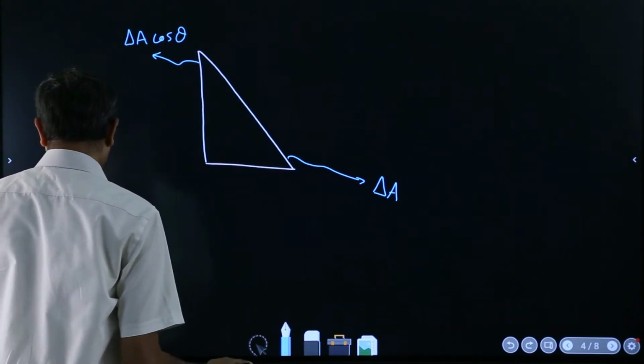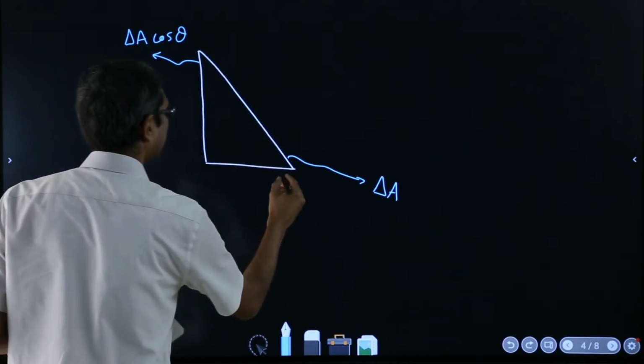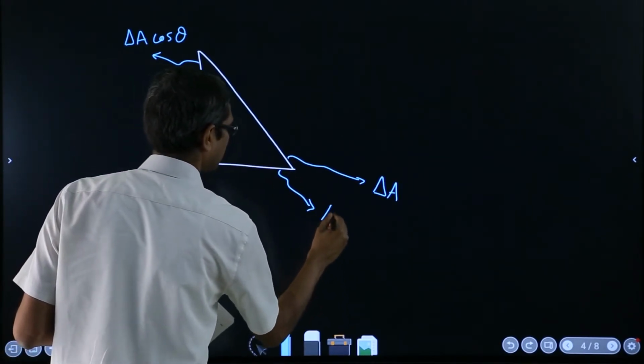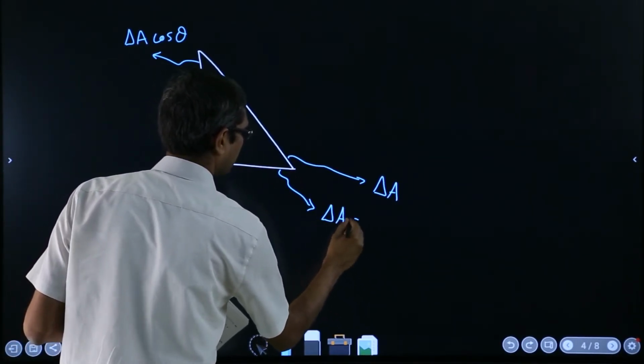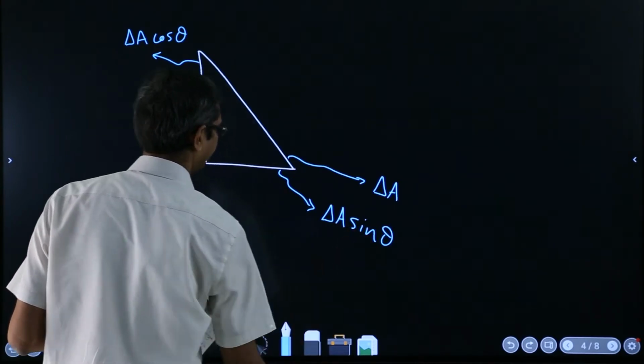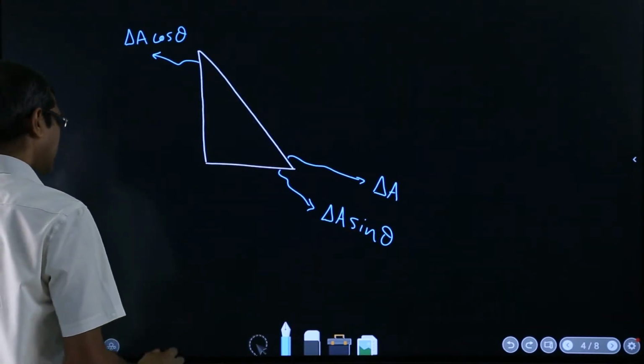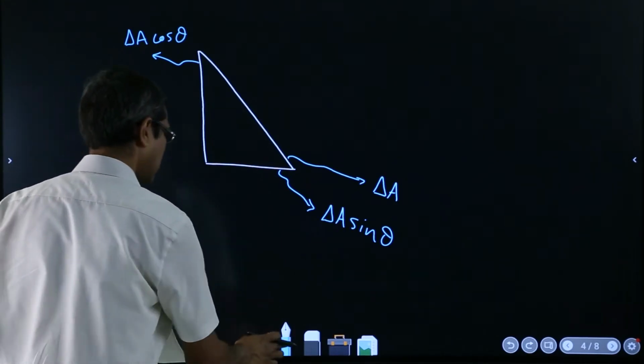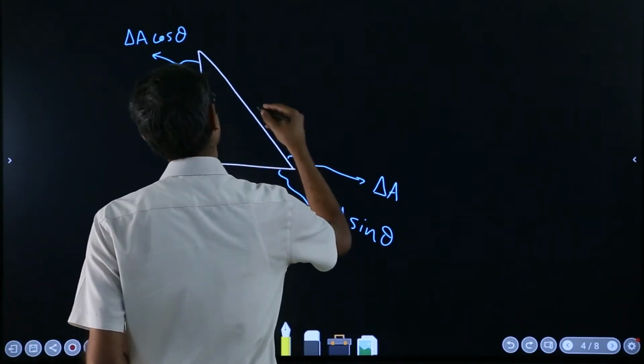And this area is delta A sine of theta. Okay, now our coordinate systems are in this way.